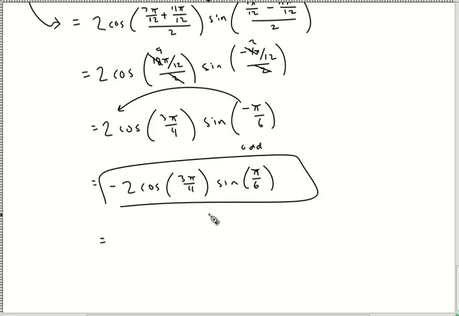I want to simplify this. So it's maybe like a part A, part B, maybe. What is the cosine of 3 pi over 4? So going back to the unit circle, 3 pi over 4 is over here. My cosine is the x value, so that's going to be a negative square root 2 over 2.